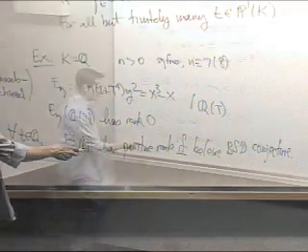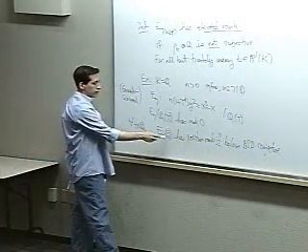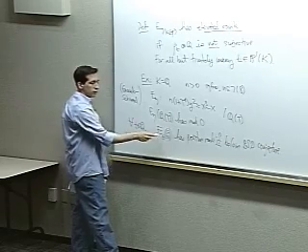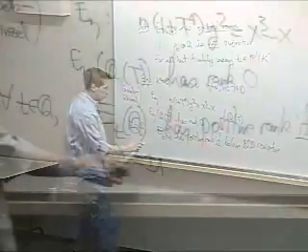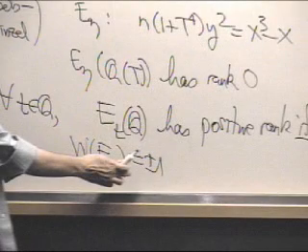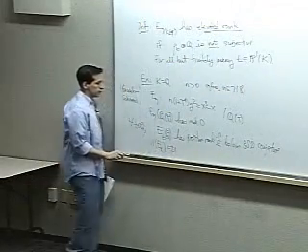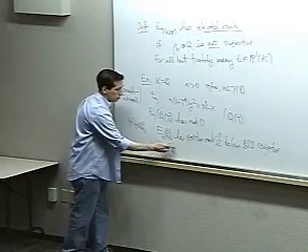What do I mean by that? For any elliptic curve over a number field or a global field, there's a sign attached to it called the root number. So you can define a sign called W of E_t. It's a sign plus or minus 1. It can be defined by representation theory methods.